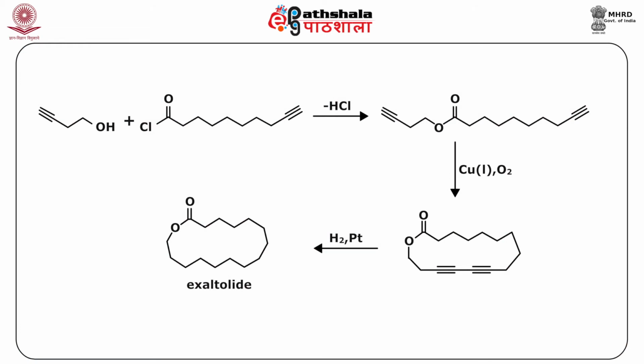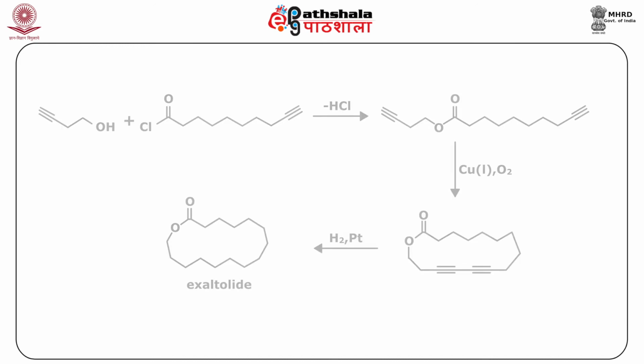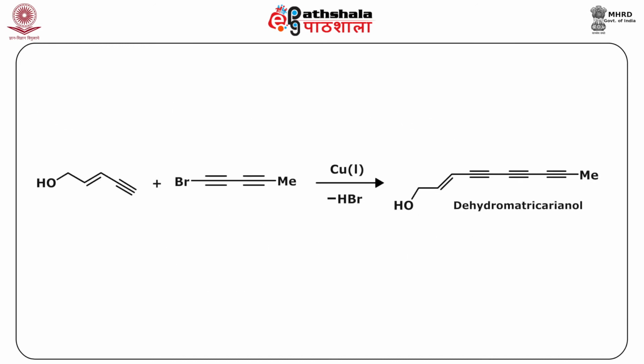This compound is partly responsible for the sweet odor of the Angelica root and has been achieved with high yield. Coupling of monosubstituted acetylene with 1-bromoalkyne can be performed to afford heterocoupled product in good yields.